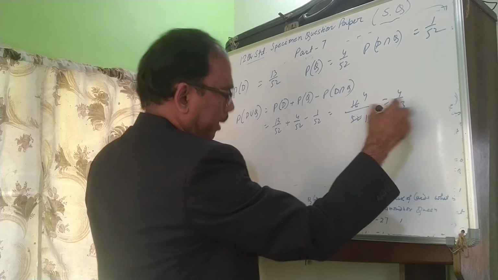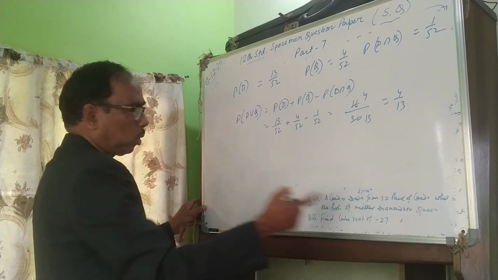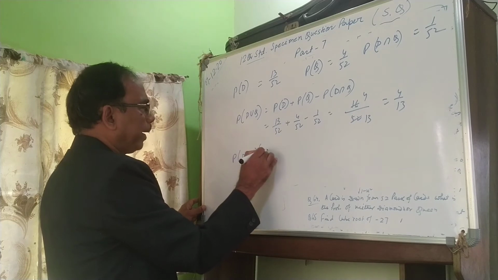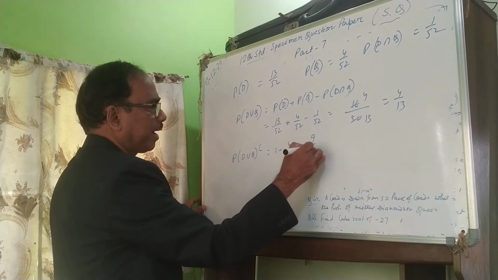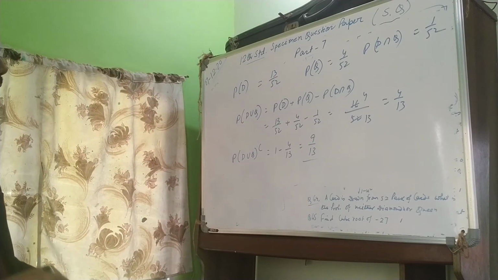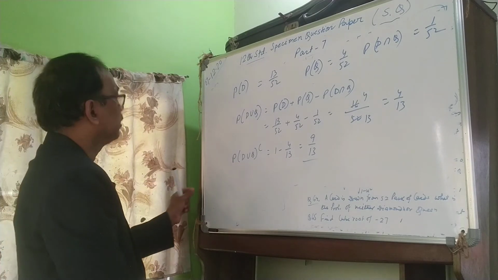That is 4 by 13. We have to find neither diamond nor queen. That is the complement of P(D ∪ Q), 1 minus 4 by 13, that is 9 by 13. Therefore, the probability of neither diamond nor queen is 9 by 13.